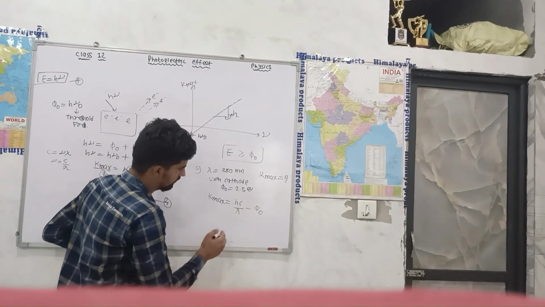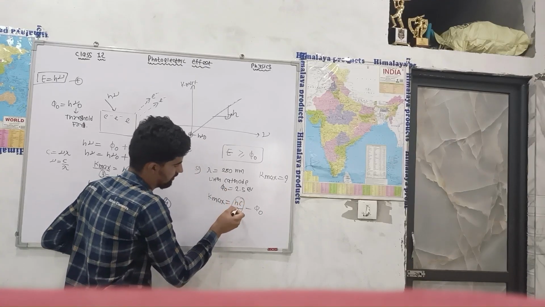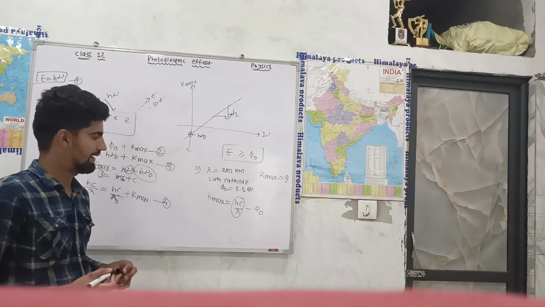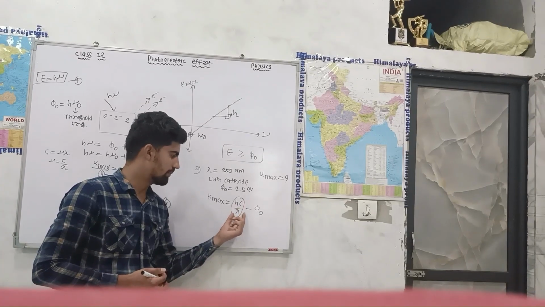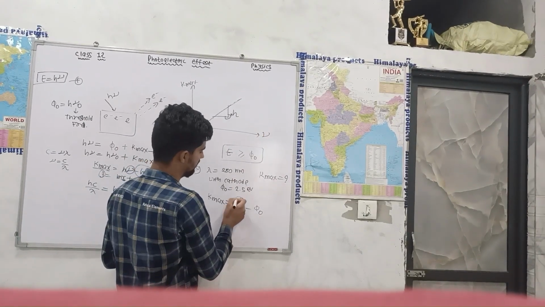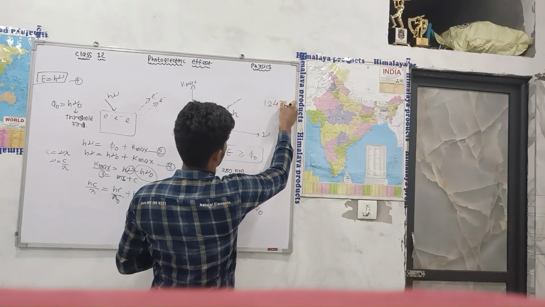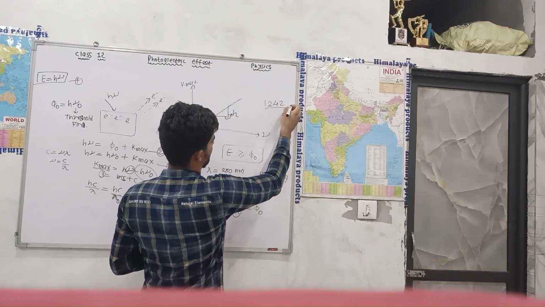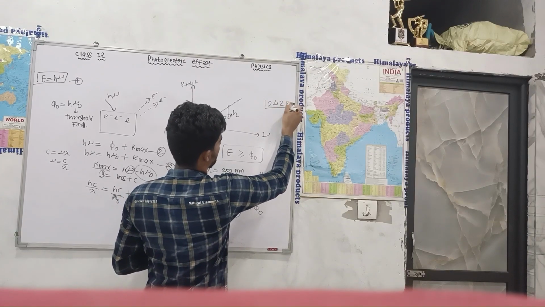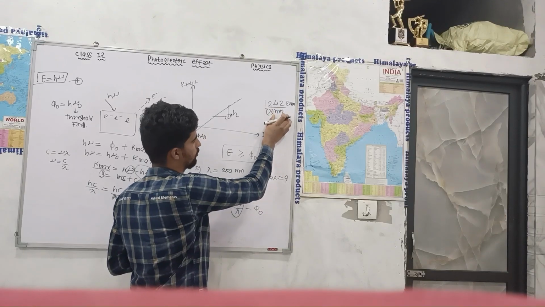Before putting in the values, I have one short trick for you. When we are given h and c and the wavelength in nanometers, we can write hc by lambda as 1242 electron volt nanometer divided by the wavelength in nanometers.